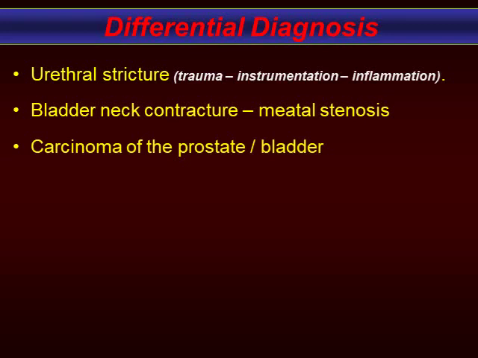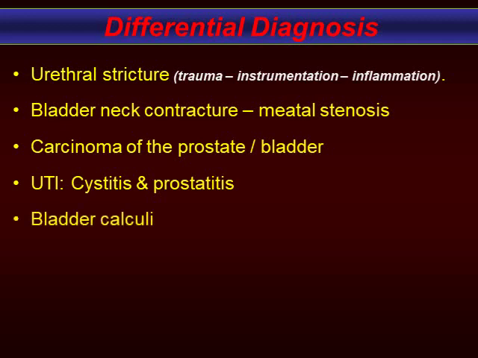Both conditions could produce similar symptoms to BPH, frequency or hematuria or dysuria during urination. Also, you have to check for the presence of infection, cystitis and prostatitis. Although they could be a complication of BPH, they also could produce a similar clinical picture to BPH.